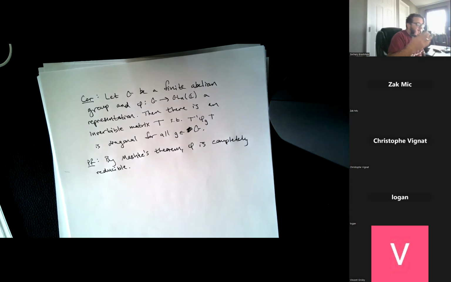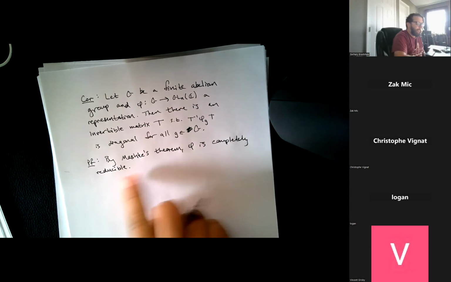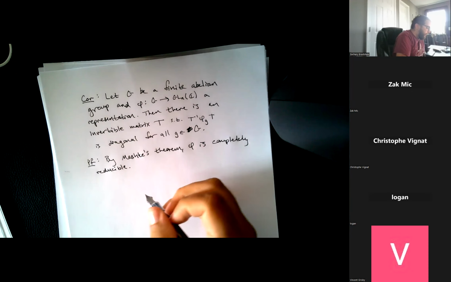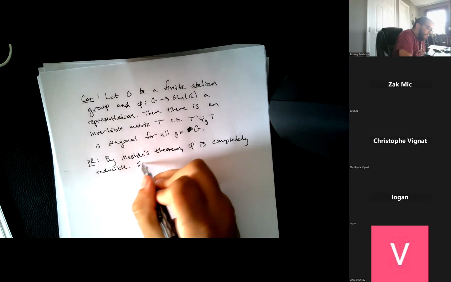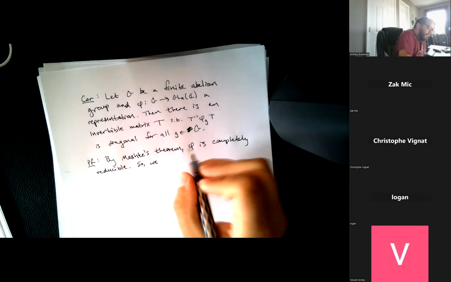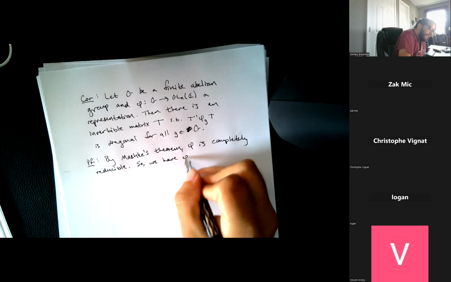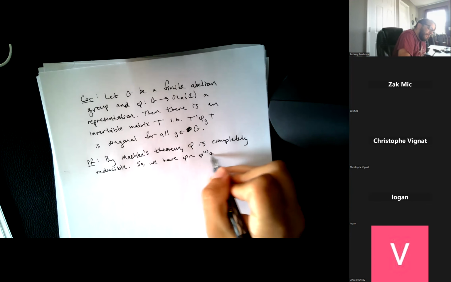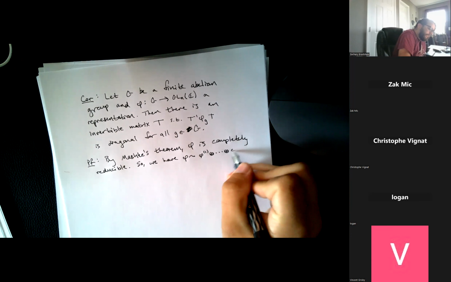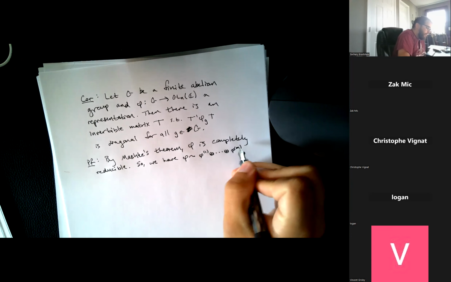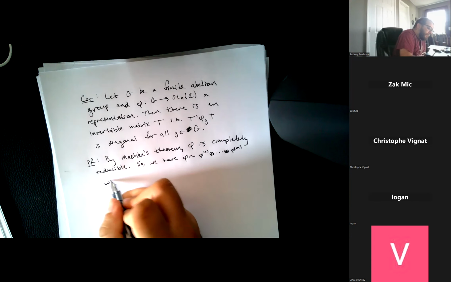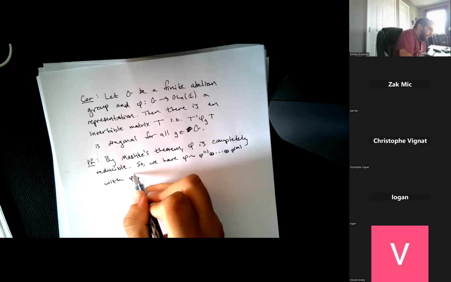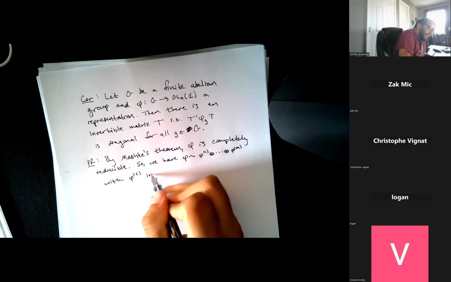The only assumption you need here is that G is a finite group, and this follows. So we have that phi is equivalent to a direct sum of representations, each of which is irreducible.